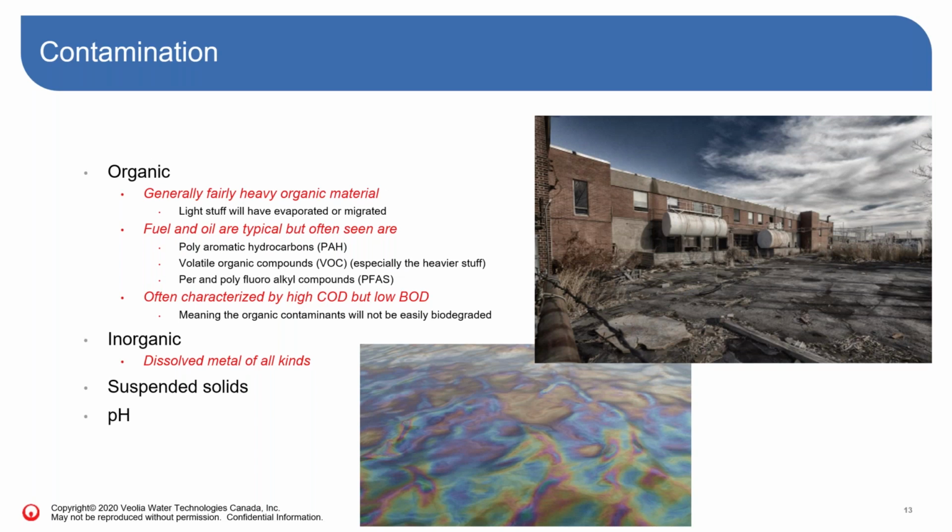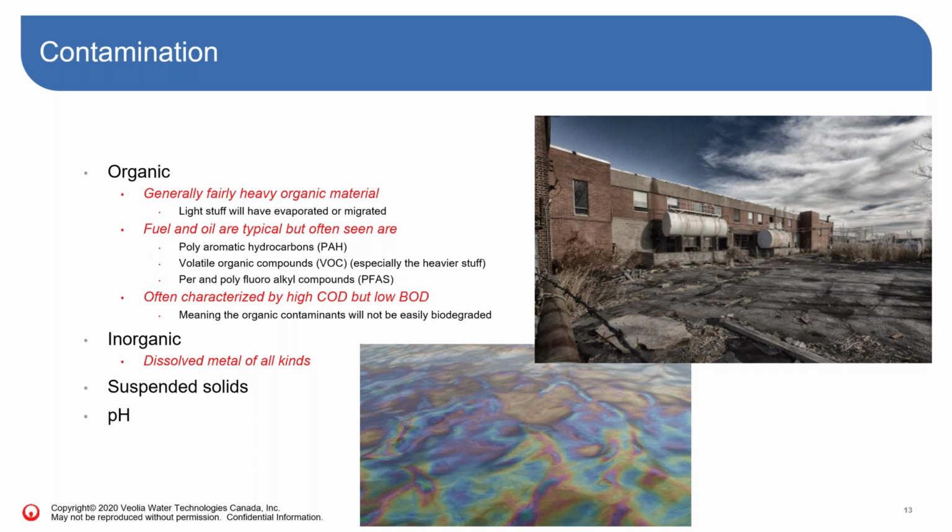Inorganics: any metal you can think of, we've found at remediation sites. Heavy metals like zinc, copper, arsenic, and lighter metals like iron and aluminum are all typical and will be found at many different sites.